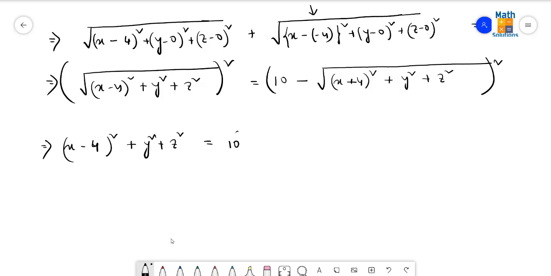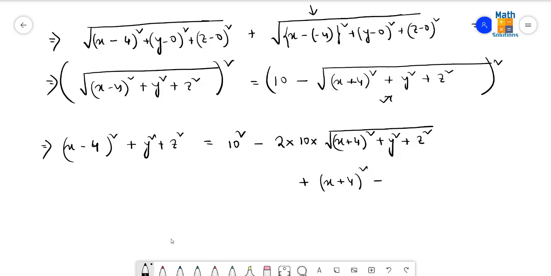On the other side we have to use the formula a minus b whole square. So what do we get? Using that formula we shall be getting x plus 4 whole square plus y square plus z square plus this term will be getting squared. So x plus 4 whole square plus y square plus z square. So very clearly these two terms will get cancelled.